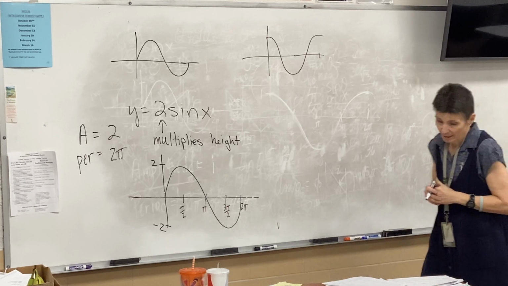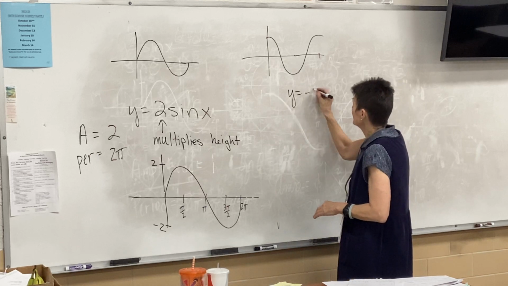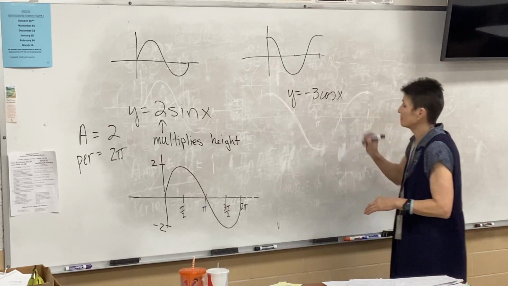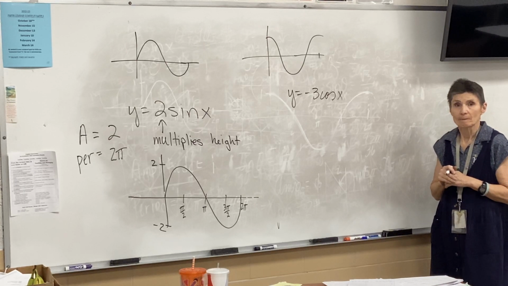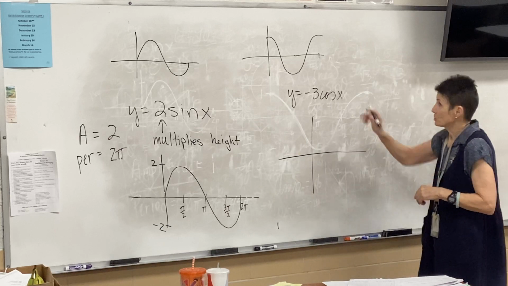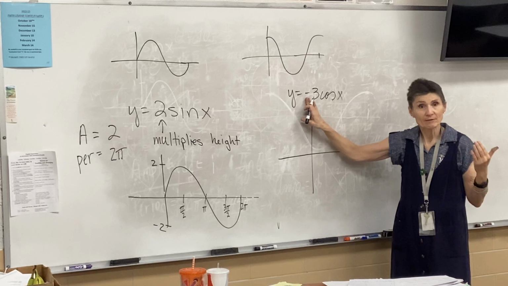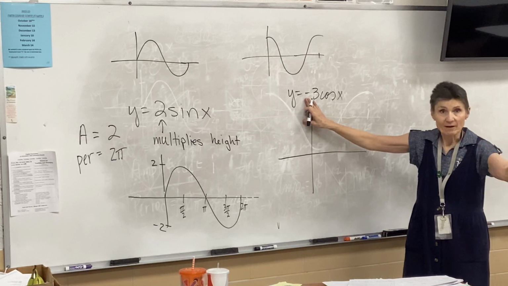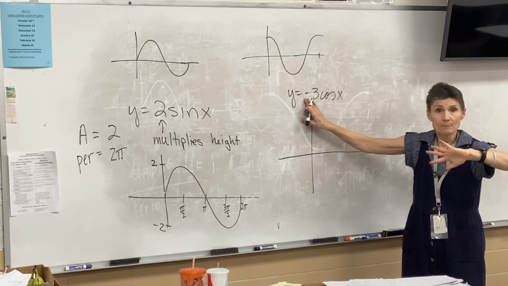All right, last one. Y equals -3 cosine x. Now, 2 things have happened. First of all, it's a cosine, so it looks like that. But who remembers what a negative does? A negative out in front turns your picture upside down.